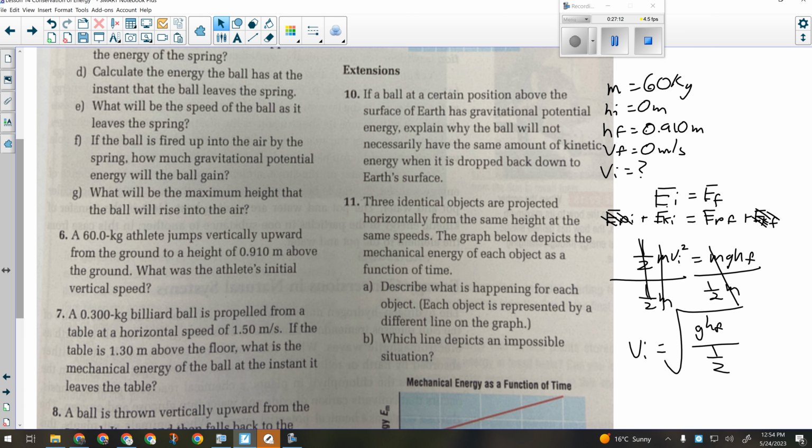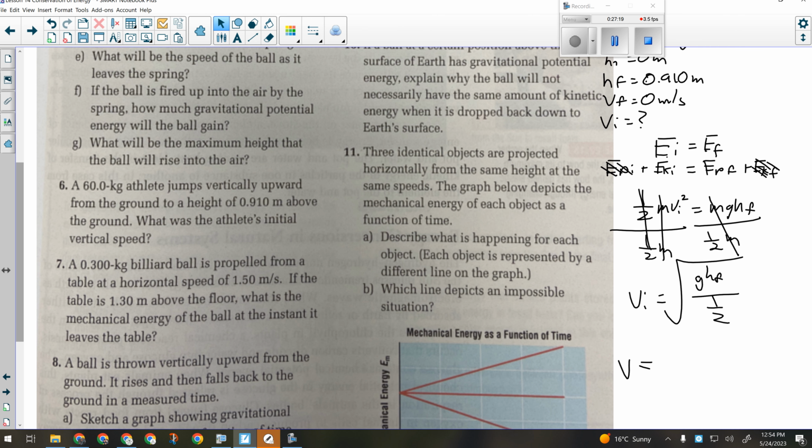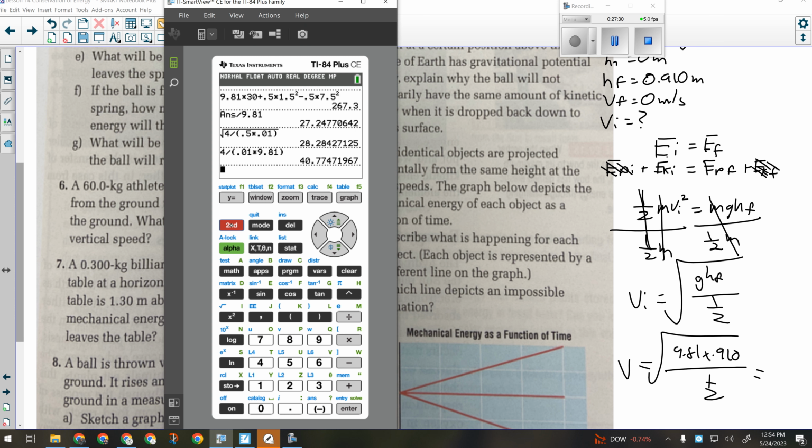So what I'm left with is the square root of g times hf over 1/2. When I plug in my numbers, 9.81 times 0.910, that was the final height, divided by 1/2, that'll give me the speed they jumped at. Okay, so they jumped at 2.1 meters per second.